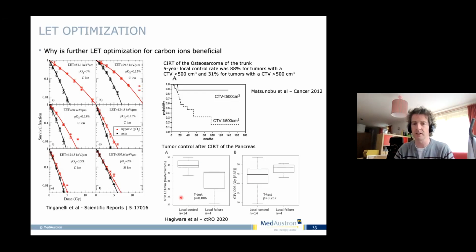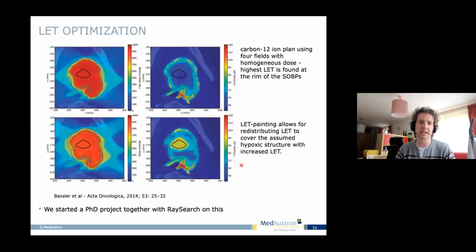Also, a study shows that high LET distribution in the GTV is more important than coverage with those. That's an indication that this is beneficial. By that we can more specifically address hypoxic areas in the tumor and boost LET and RBE to these parts of the tumor.